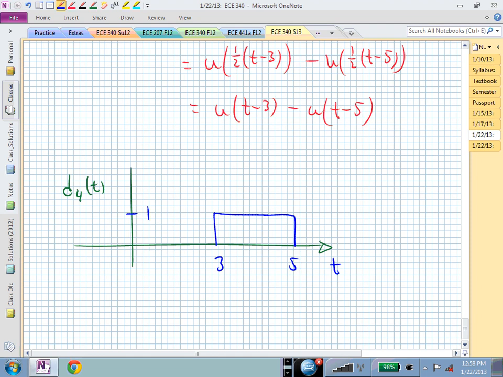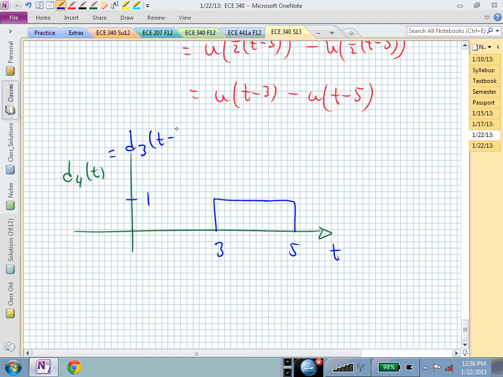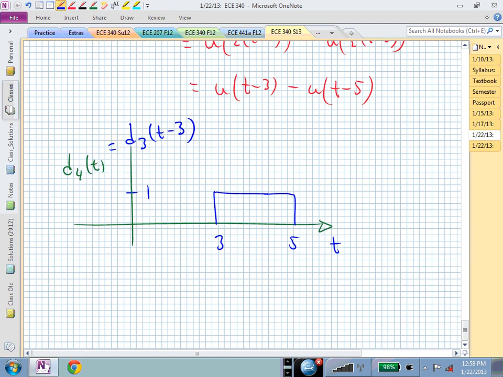This d sub 4, which I'm now saying is equal to d sub 3 of t minus, what did I say it was? D sub 3 of t minus 3. Now all we have to do is scale the amplitude.